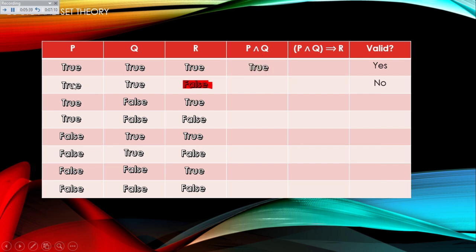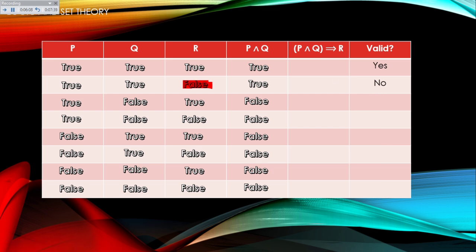If P is true, Q is true, and R is false, the result is false. Then the rest are false. So P and Q, then a conclusion.